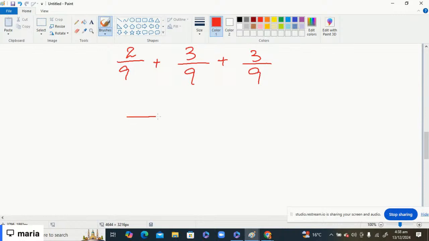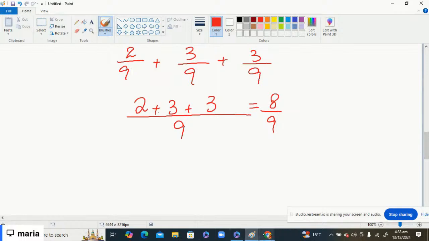Now putting 9 here, this is the same in all of it. Adding their top numbers: 2 plus 3 plus 3. 3 plus 3 is 6, plus 2, 8 over 9.